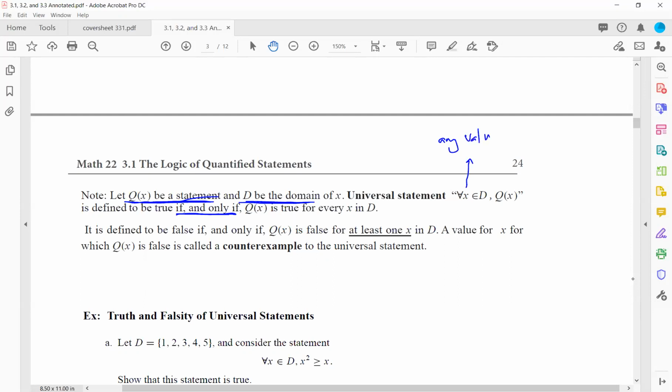If I take that value, if you take that value, if another student takes that value, it is true. It's defined to be false if and only if you can find at least one element in the domain that makes this statement false. We call that value that makes a universal statement false a counterexample.